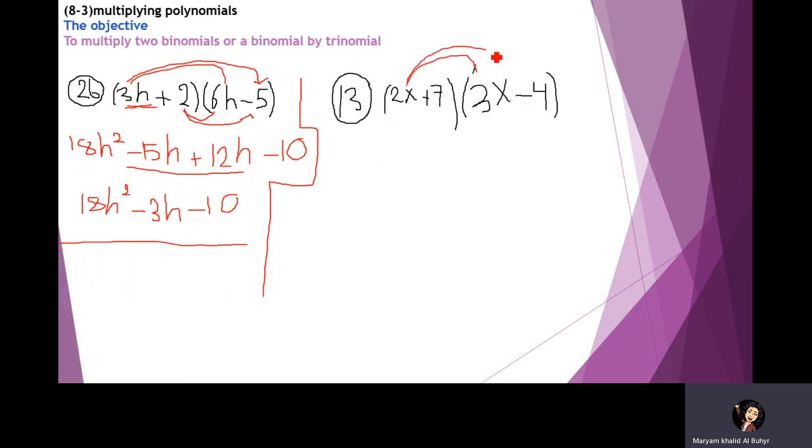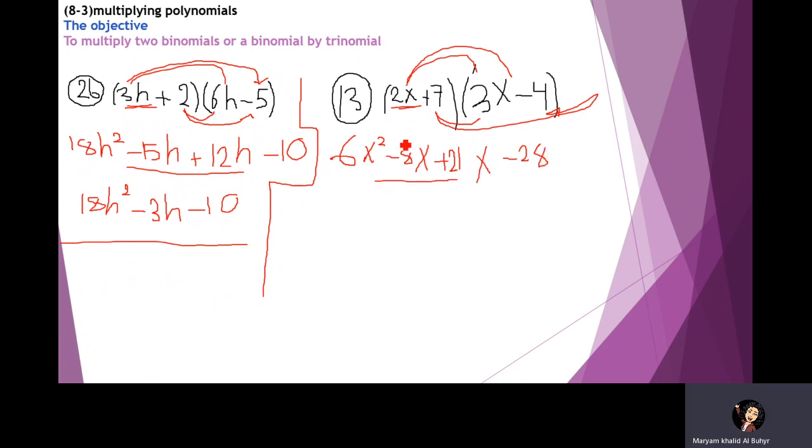So first by first, first by second, then same thing, second by this one, by this one. So 2x times 3x, which is 6x to the power 2. Then we have this term by this term by the other one, so that will be -8x plus this one by this one will be 21x minus 28.